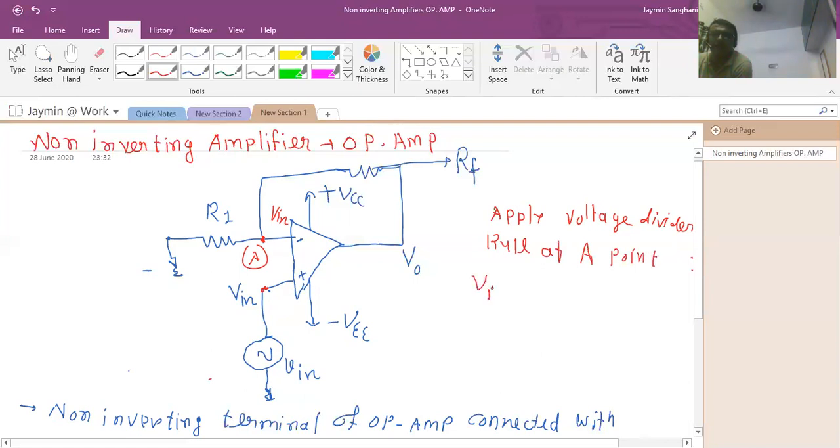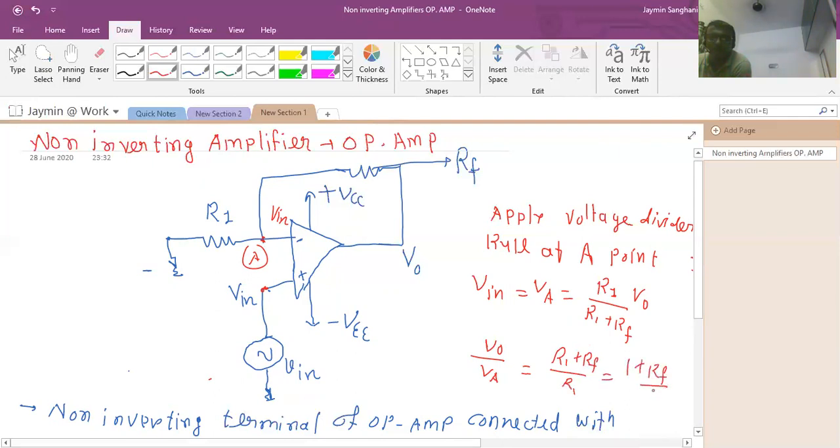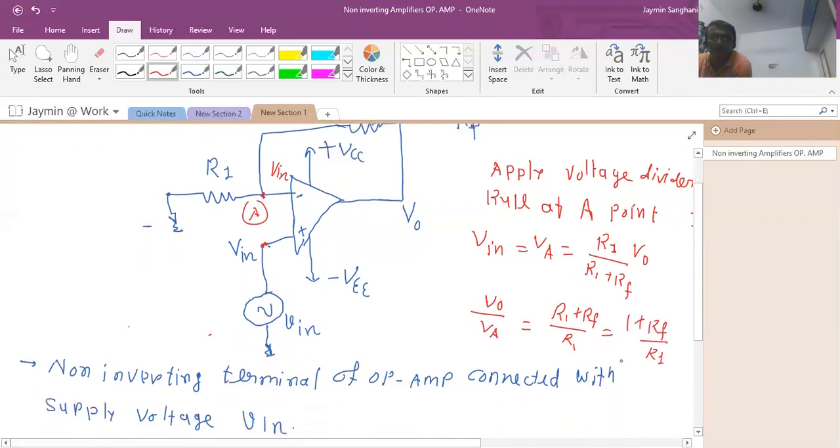So V in equal to VA equal to R1 divided by R1 plus RF into V0. V0 means what? Open loop output voltage. So V0 divided by VA equal to R1 plus RF divided by R1. So here it can be considered as 1 plus RF by R1.